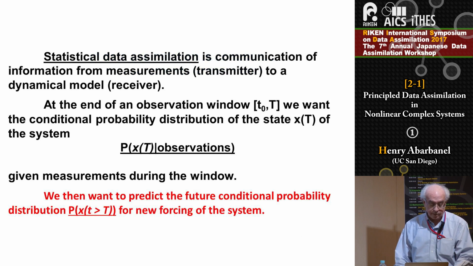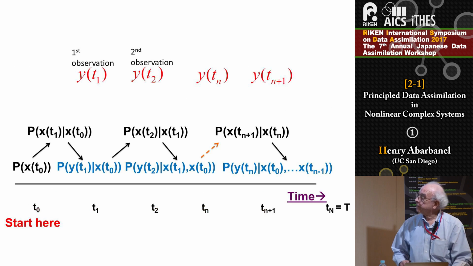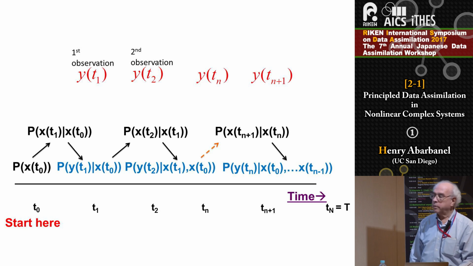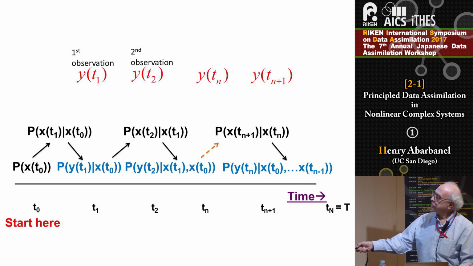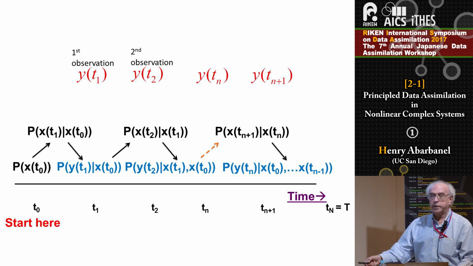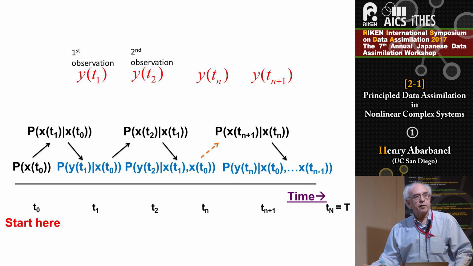And statistical data assimilation is a recognition that what we're really dealing with is the probability distributions of the state of the system conditioned on the measurements. What does that picture mean? Well, there's a window from some initial time to some final time during which we take the measurements. We start at the initial time with an initial probability distribution. This is often called the prior.